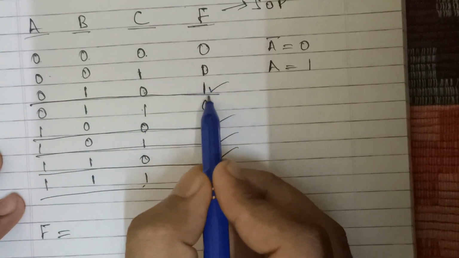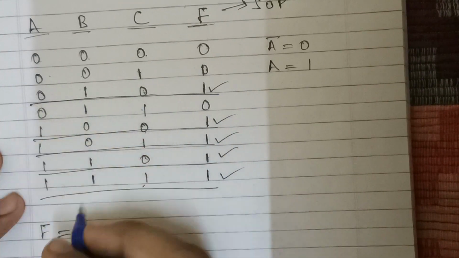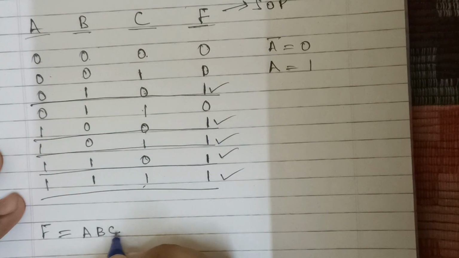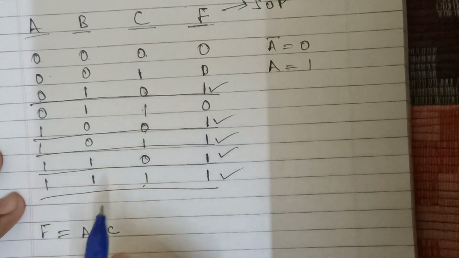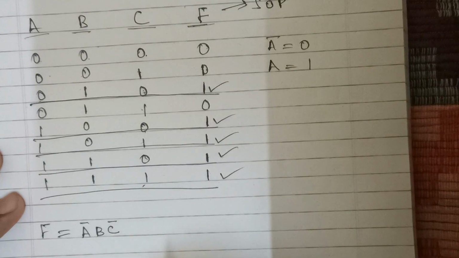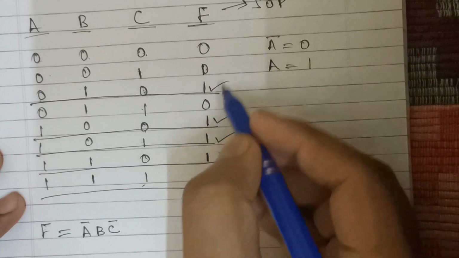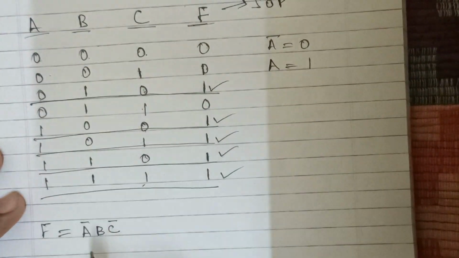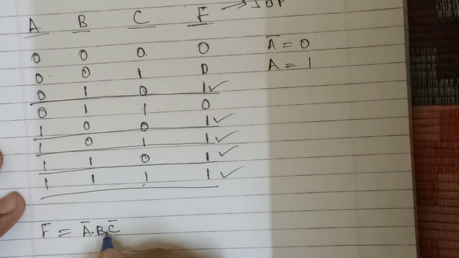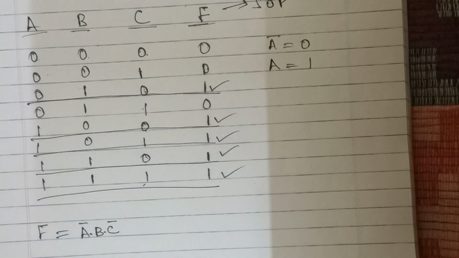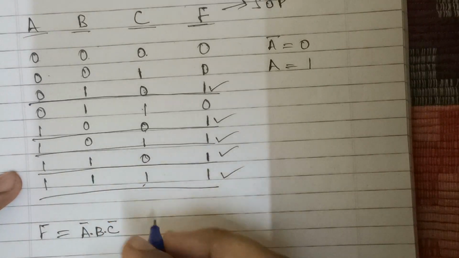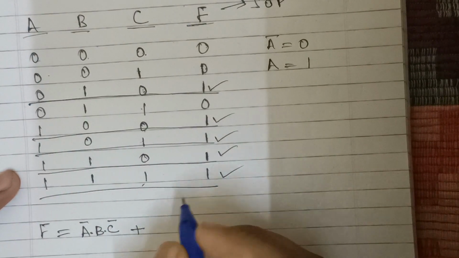Got it? So let us continue. First 1, A B C, so A complement, B complement, C complement. Since we are saying sum of products, the product is done. These dots represent AND and the plus represents OR.